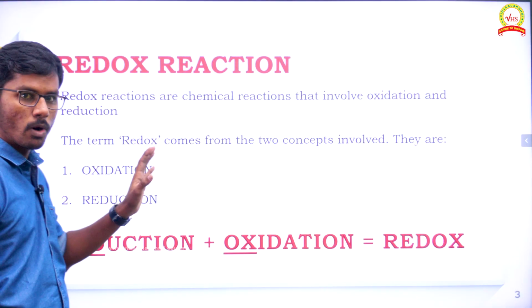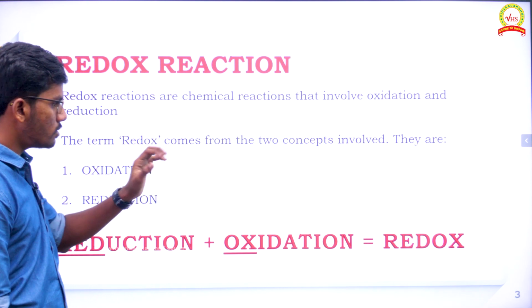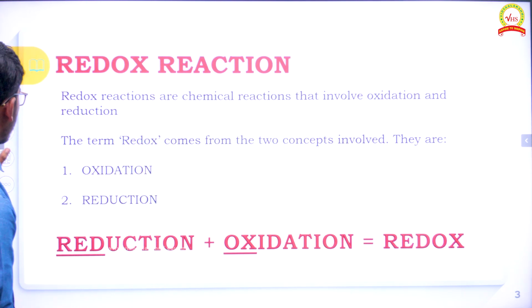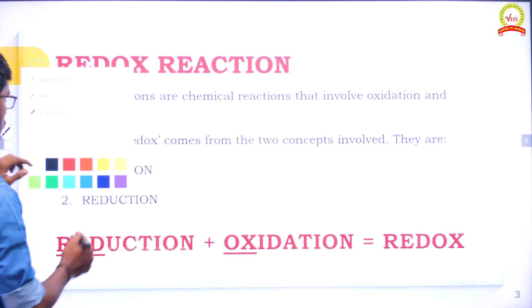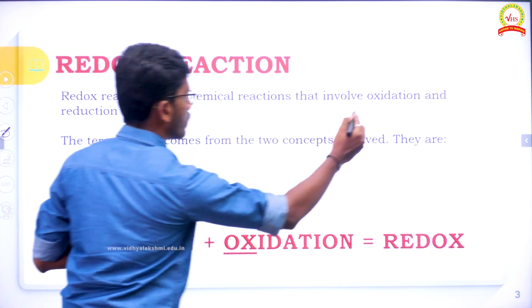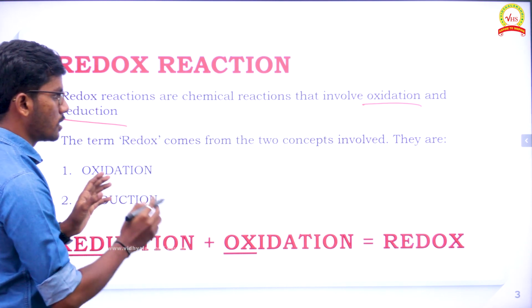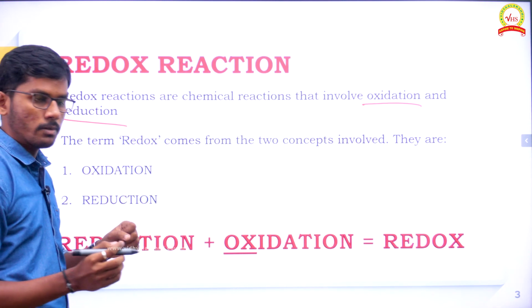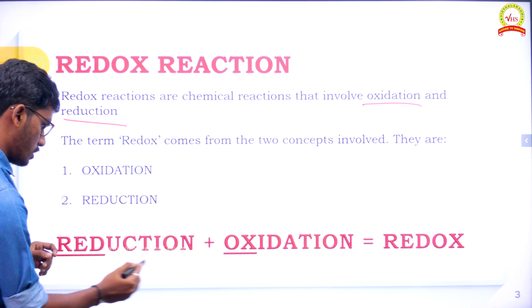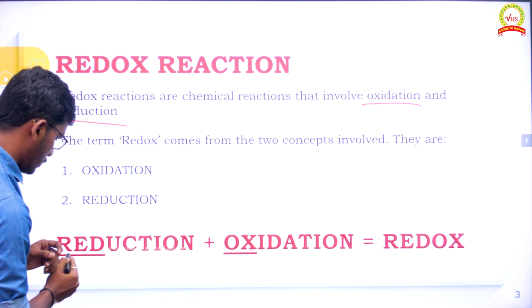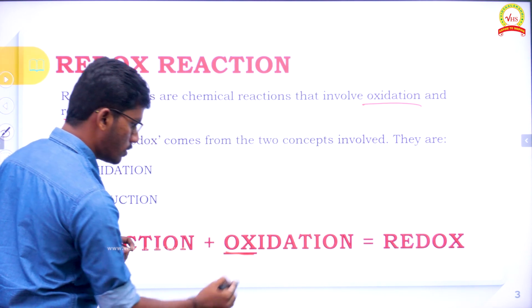First, let us know what is redox. Redox is a chemical reaction that involves both oxidation as well as reduction reaction. That is why it is termed as redox, and this term comes from the combination of two words, reduction and oxidation: red from reduction and ox from oxidation.